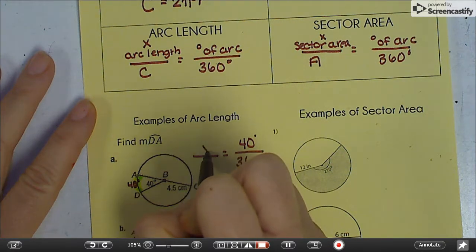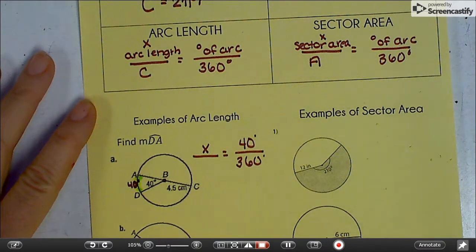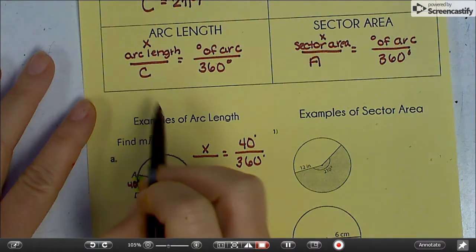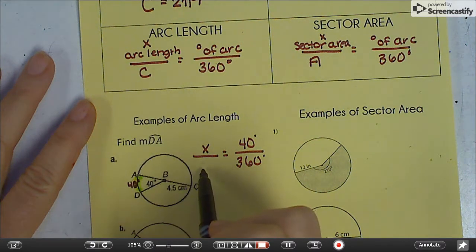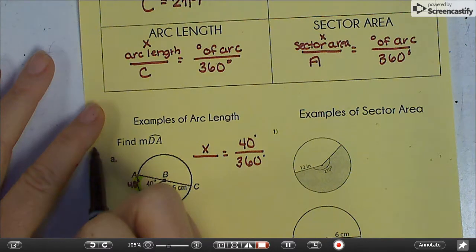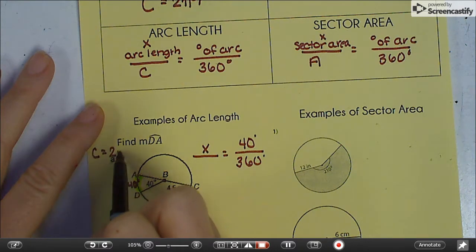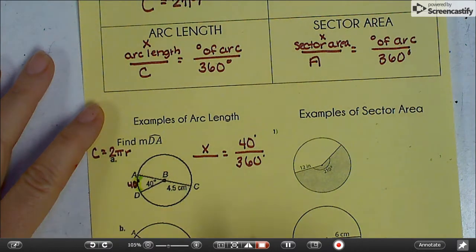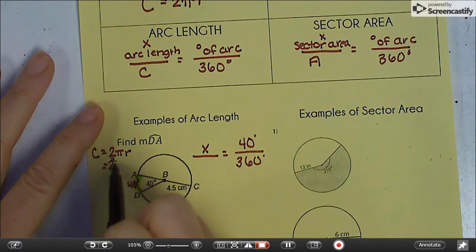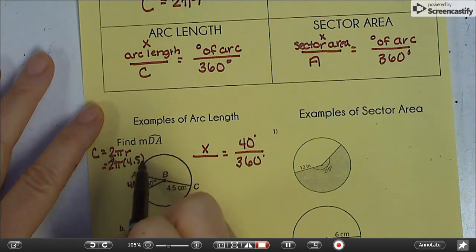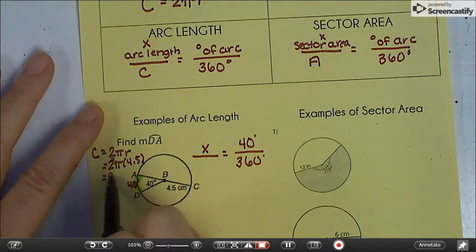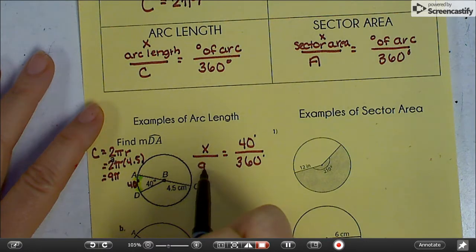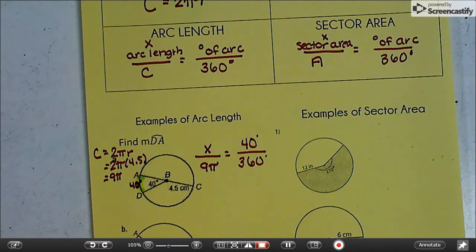And we don't know the arc length because that's what we're looking for. And on the bottom, you can see up here, we need the circumference. So we're going to actually have to calculate that. Circumference is 2 pi r. The radius of our circle is 4.5. So the circumference is 9 pi. And that is what goes down there.